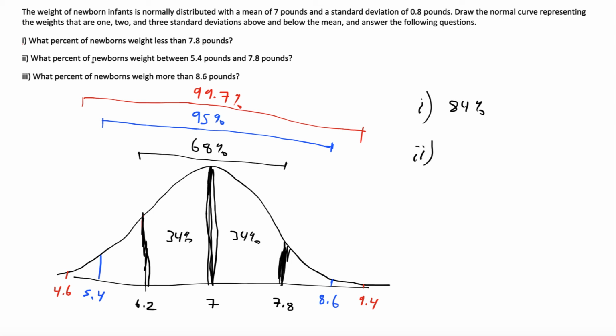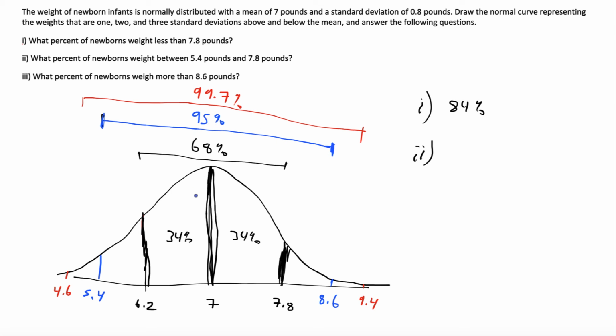What about the percent of newborns that are between 5.4 and 7.8 pounds? Okay, this is a little bit trickier, because we don't want to include this part. But there's a couple of ways we can do this. Now this is the middle 95%, so the middle 95% goes from here to here. And 95 divided by 2 is 47.5.